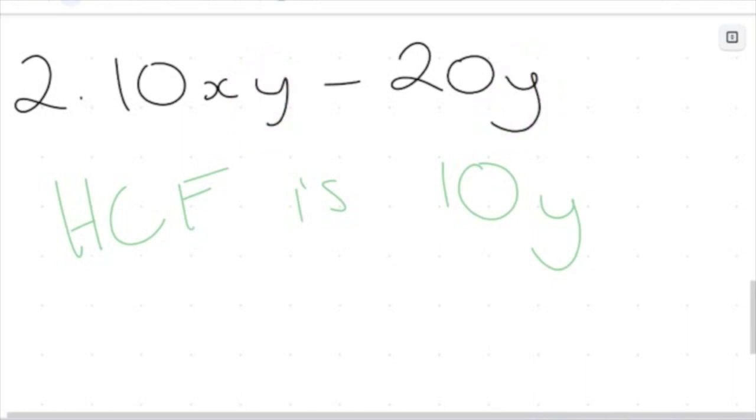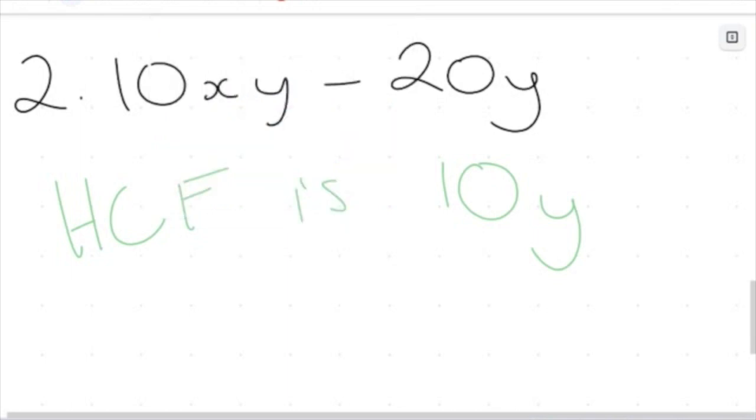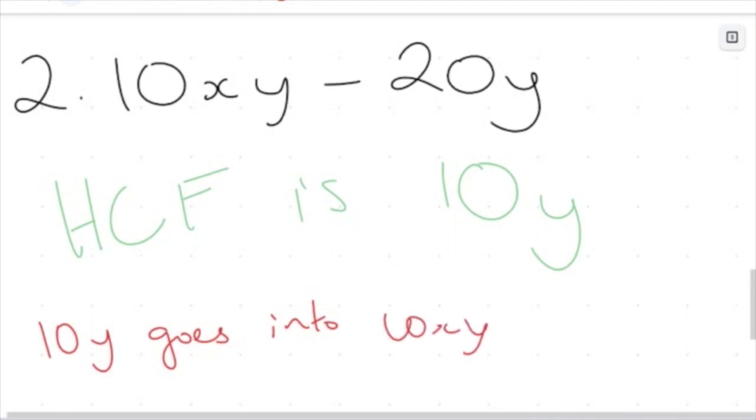So when I get this, I want to say, okay, well, how many times does 10y go into each term? So 10y goes into 10xy. Well, what's the thing remaining? Well, I have my 10y, so what's remaining is my x.